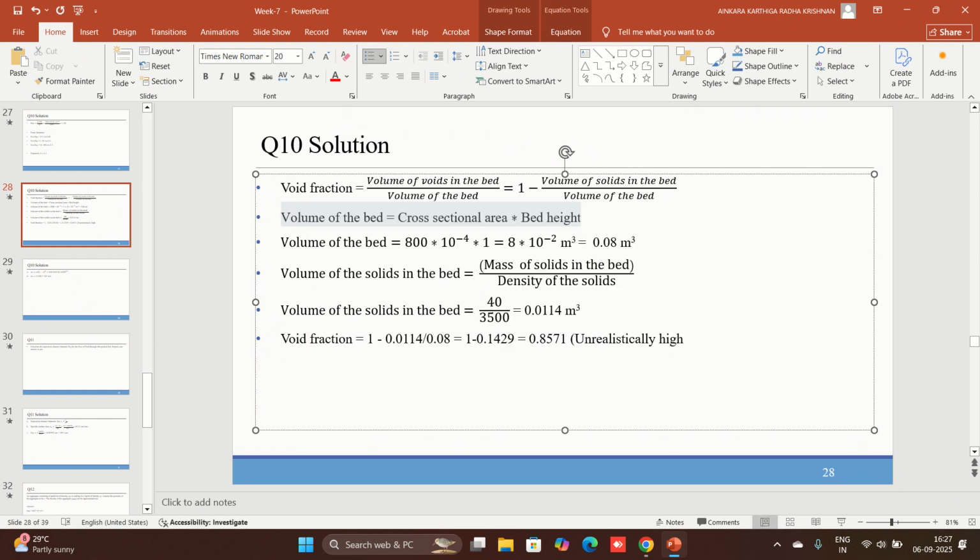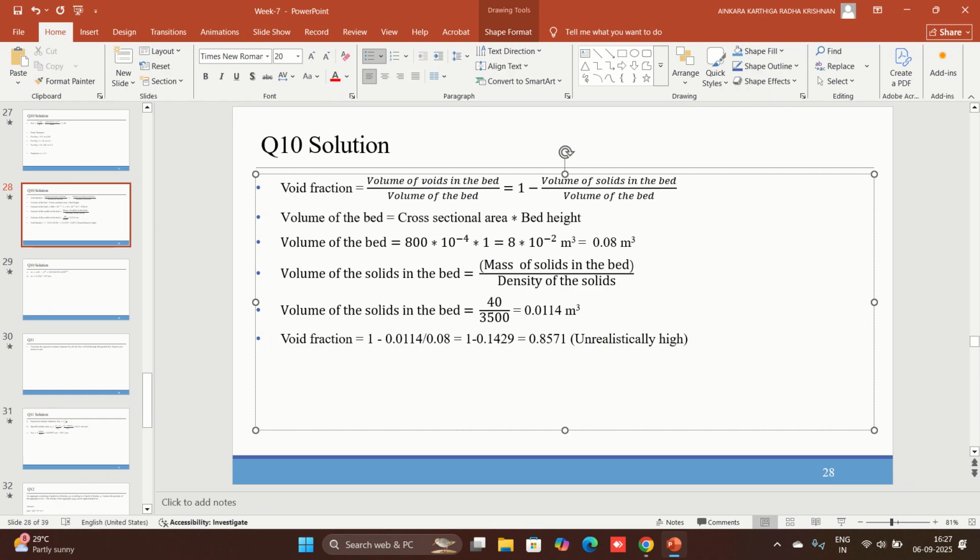So the volume of bed is similar to what we saw in the last problem, so I am not going to repeat it. Void fraction is the volume of voids in the bed divided by the total volume of the bed. The total volume of bed is equal to the cross-sectional area of the bed times the packing height. The volume of voids is obtained by subtracting the volume of solids.